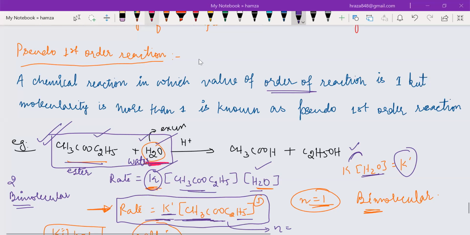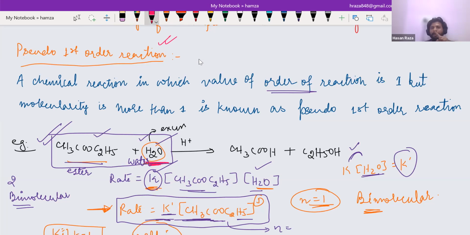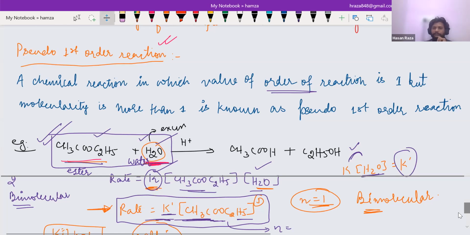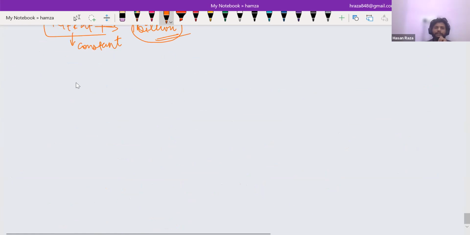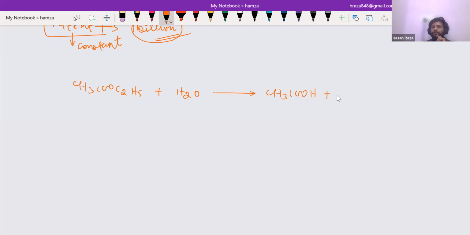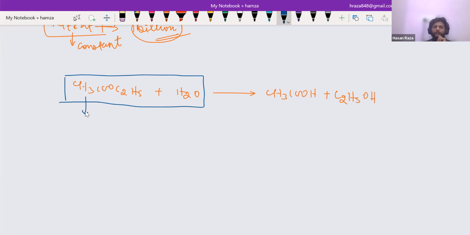See, what is pseudo first order reaction? A reaction in which the order of reaction is 1 and molecularity is more than 1. How many molecules are reacting in this reaction? Please focus here. This is CH3COOC2H5 reacting with water to give CH3COOH plus C2H5OH.